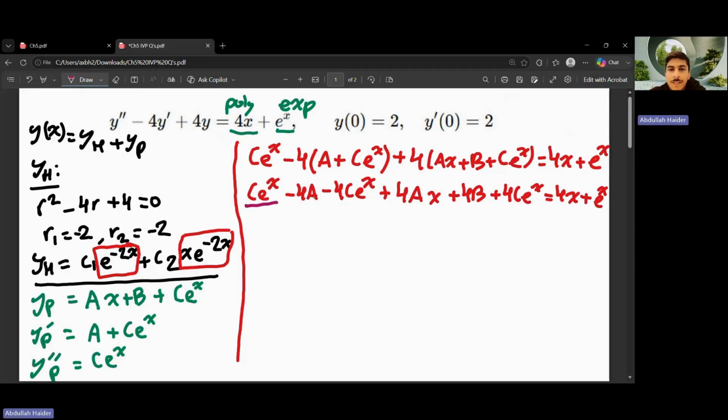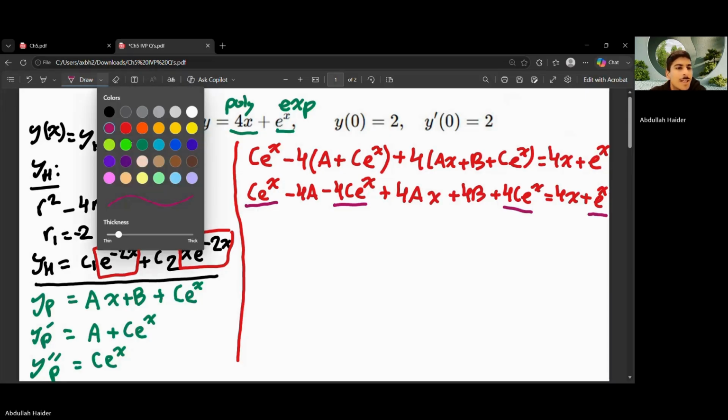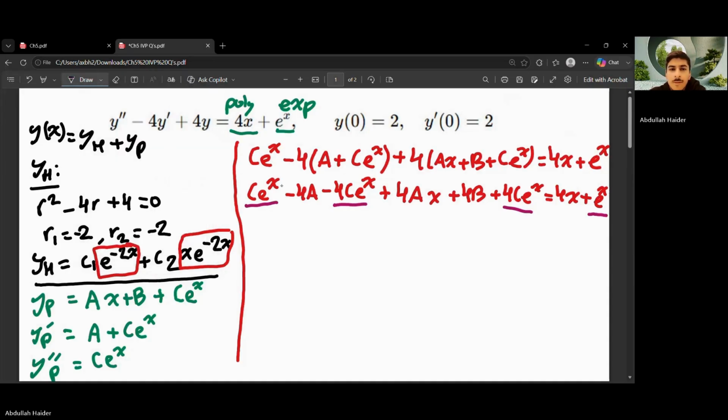You combine the c e power x terms so that you can compare to e power x here. So this is basically a polynomial. This is a polynomial, this is a polynomial. So you compare it with this. So you add up all the like terms.